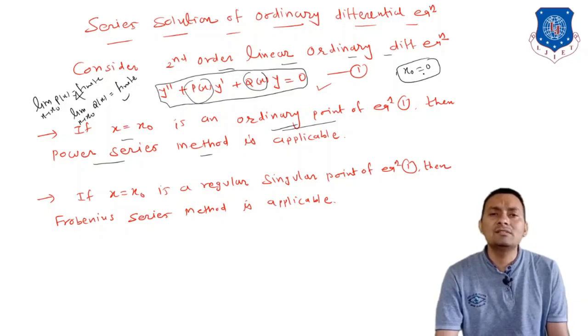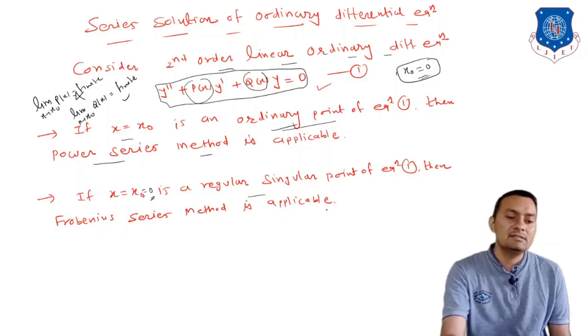You can also solve about x0 = 1, 1/2, 1/3, 1/4, 3, 4 and so on, but basically here we will deal with x0 = 0 only. If x = x0 = 0 is a regular singular point of equation 1, then the Frobenius series method is applicable.